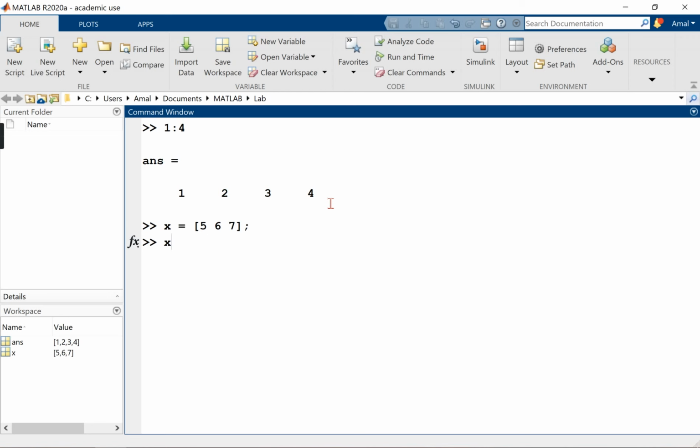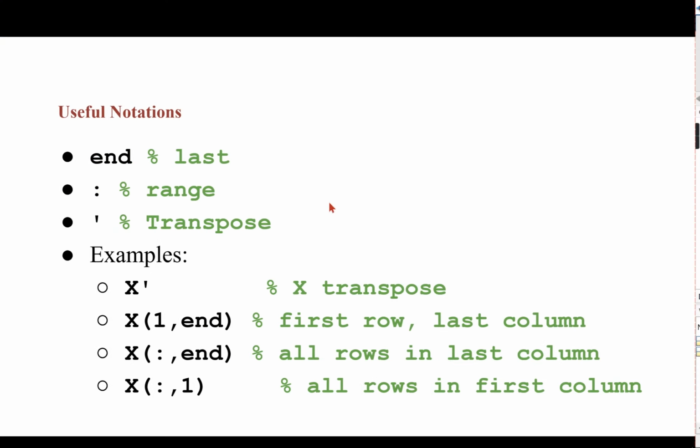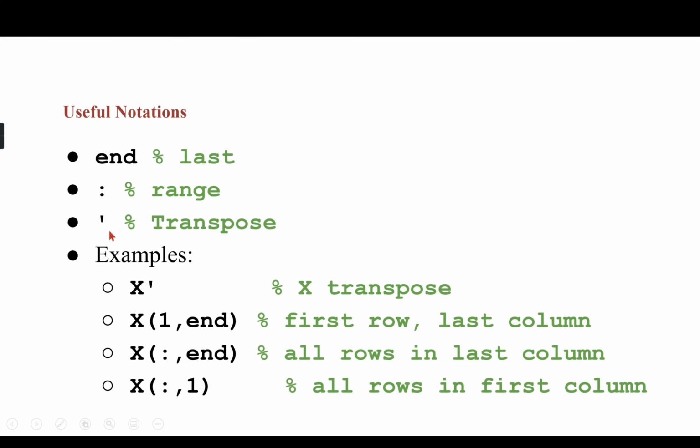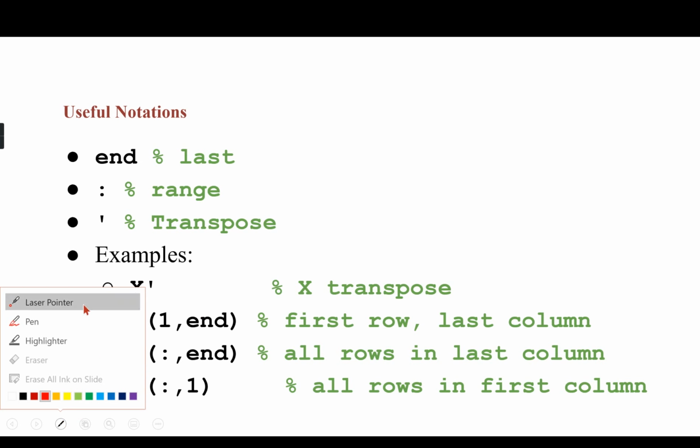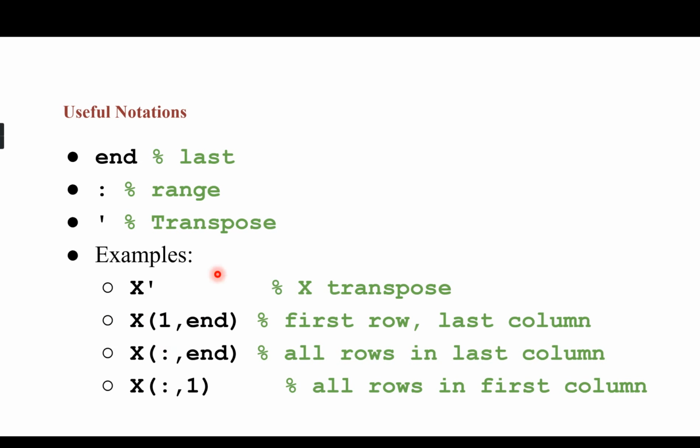Then saying x 2 until end will give me the elements from the second until the last. Okay, and the apostrophe in MATLAB is the transpose operator. These are some examples on these short notations that are useful in MATLAB.